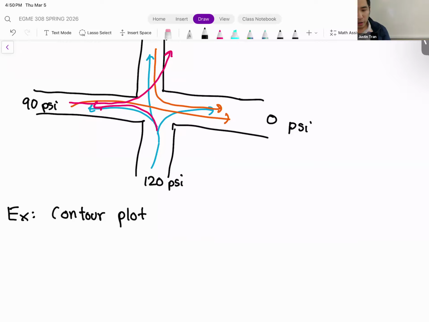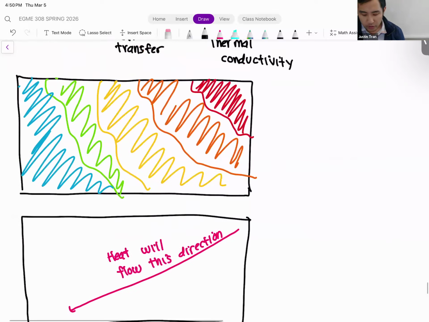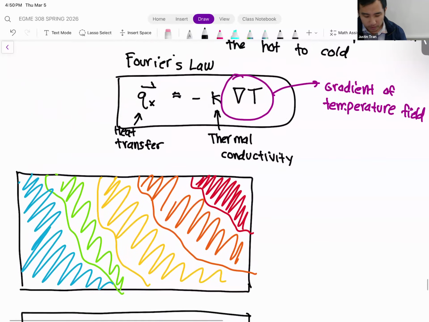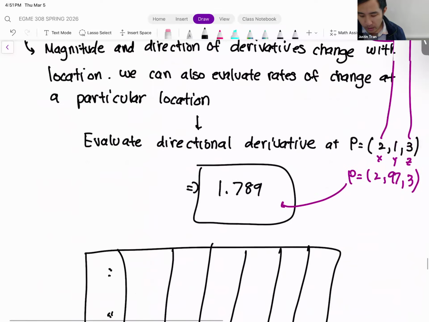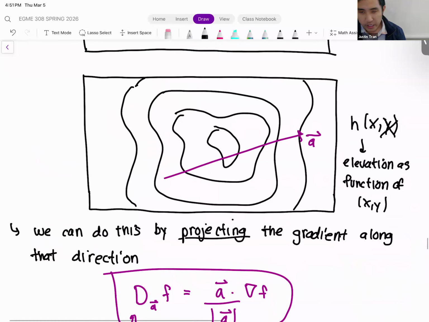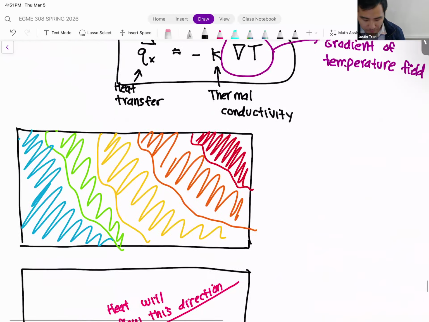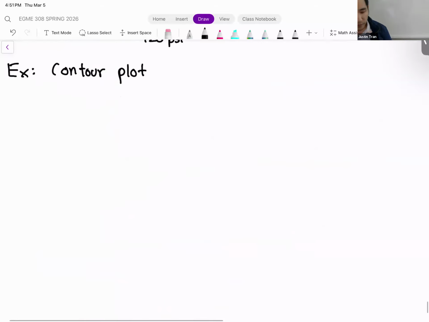If you're not familiar, a contour plot is a visual representation of a field quantity. We've already seen it a little bit. This beautiful art thing that I drew of our temperature field is technically a contour plot. This image I have here of our elevation is also a contour plot. Contours are a very common way to display field quantities.